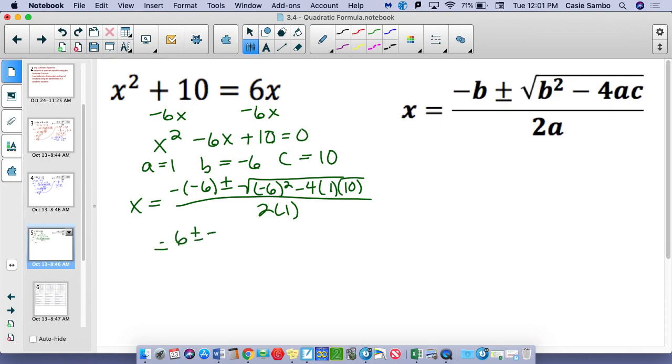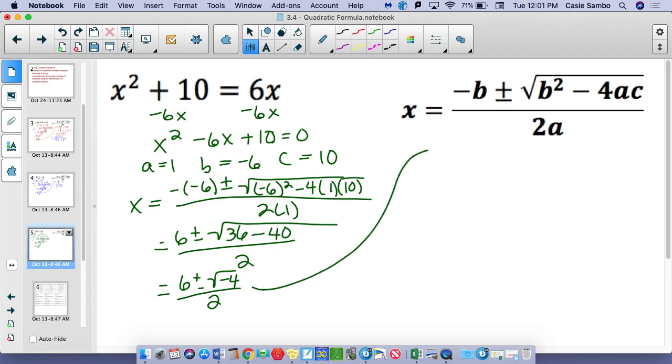Start to simplify it, and we get 6 plus or minus the square root of 36 minus 40, all over 2. So 6 plus or minus the square root of negative 4, all over 2, which is 6 plus or minus 2i over 2.